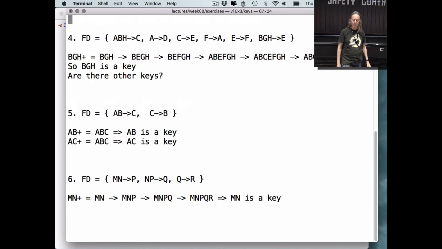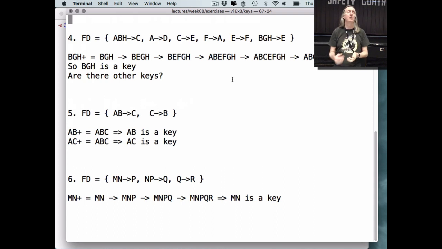Let's have a look at the 4th one. Alright, so remember that we can work out what set of attributes forms a key for a relation by taking the set of attributes, computing its closure, and if the closure includes all of the attributes, then the original set of attributes is a key.